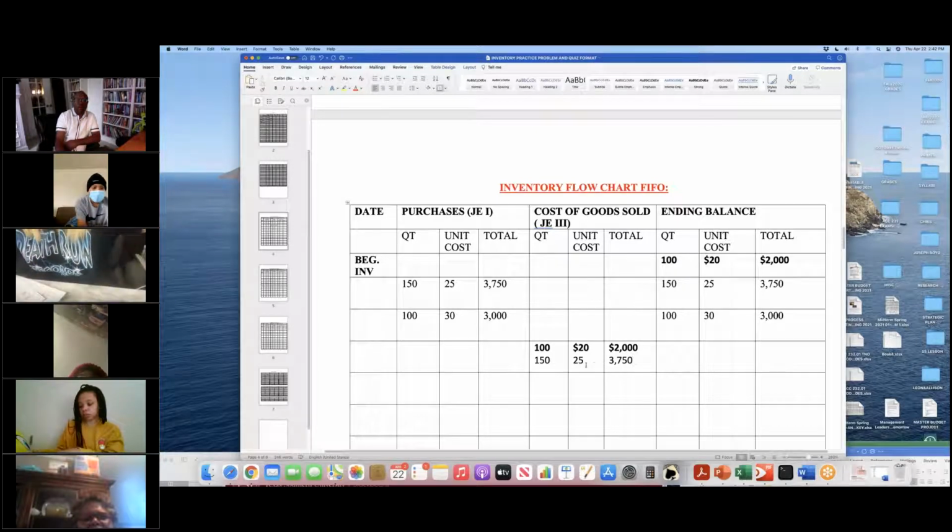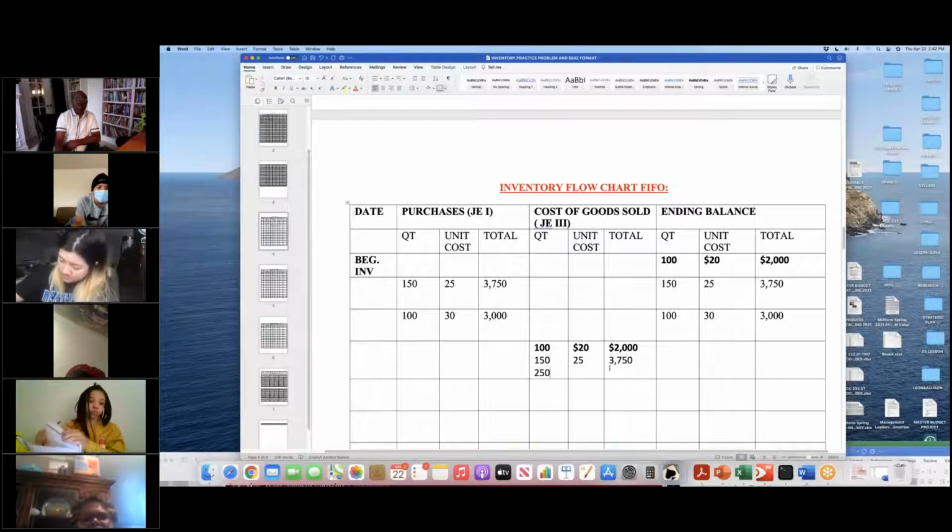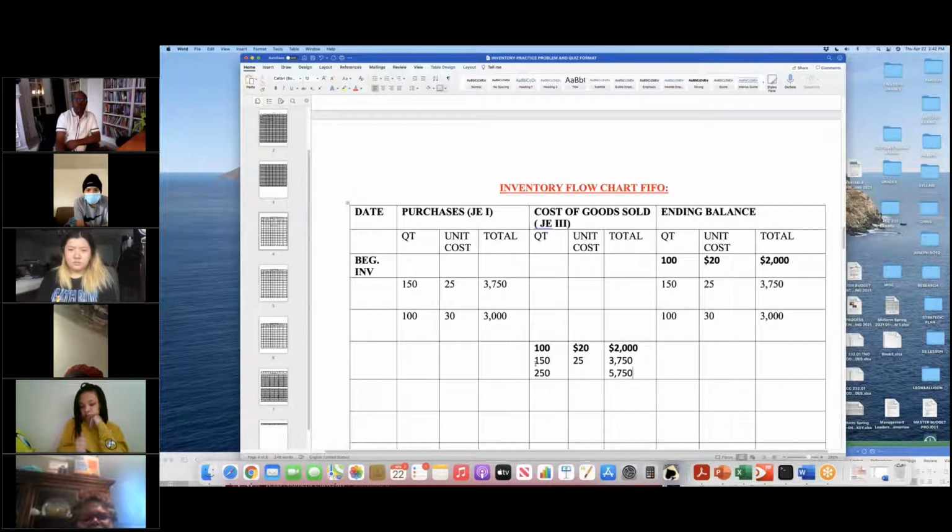And so now we've sold the 250. And what's our total cost of those that we sold? $57.50.